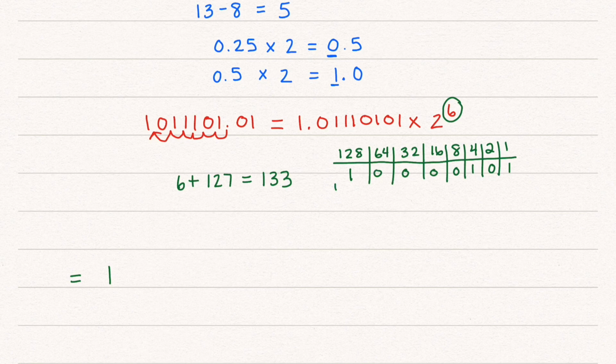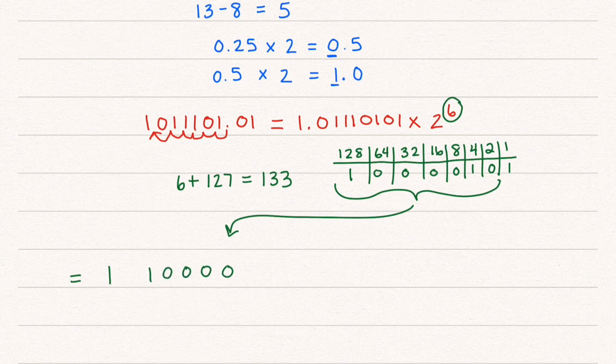So this is going to represent my next 8 numbers, which is 1, 0, 0, 0, 0, 1, 0, 1. The final 23 bits come from this portion of the number, not counting the 1 before the decimal.